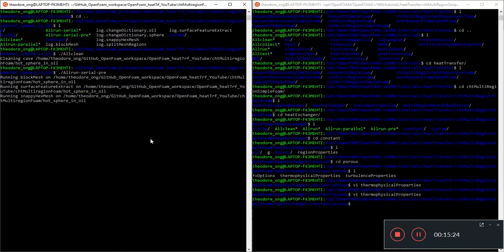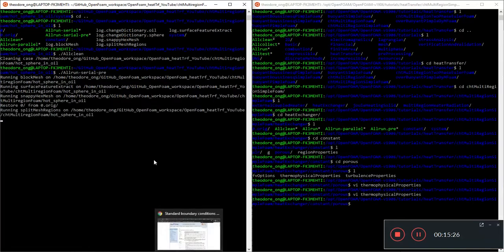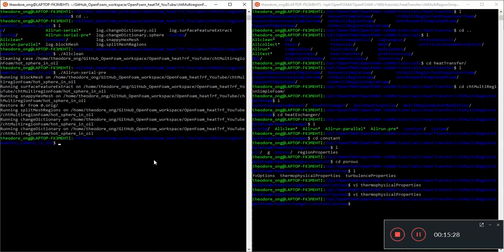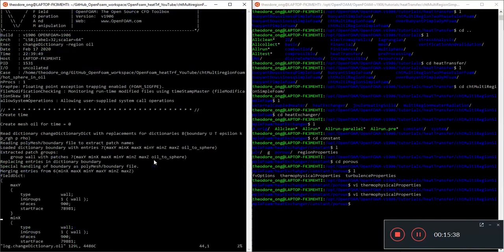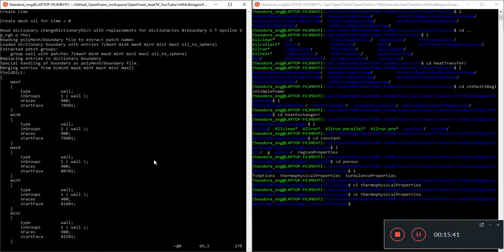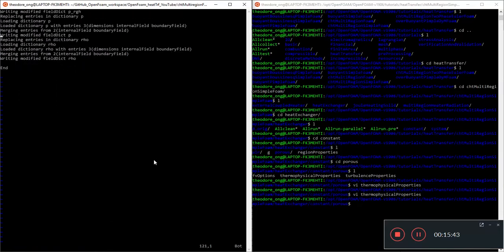Okay, while waiting for that, once the change dictionary is done, of course we'll start needing to specify other things before our simulation can run. One example, of course, is the thermodynamic properties. Okay, good. Now the syntax is right, so it's working perfectly.